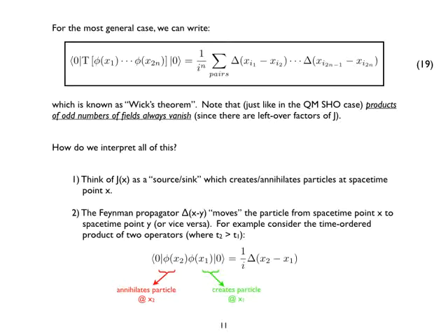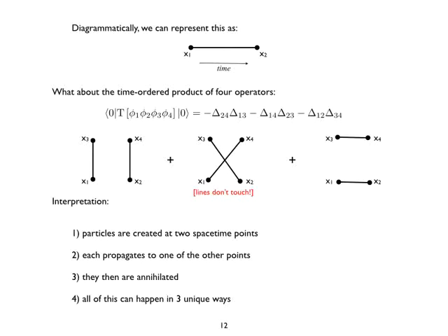So if phi of x1 is operating to the right on the vacuum state, the only contribution you're going to get is from the creation operator, and vice versa for the other one. So you create a particle at x1, and then this annihilates the particle at x2. On the right-hand side, you've got the propagator, which, like I said, is moving that particle from space-time point 1 to space-time point 2.